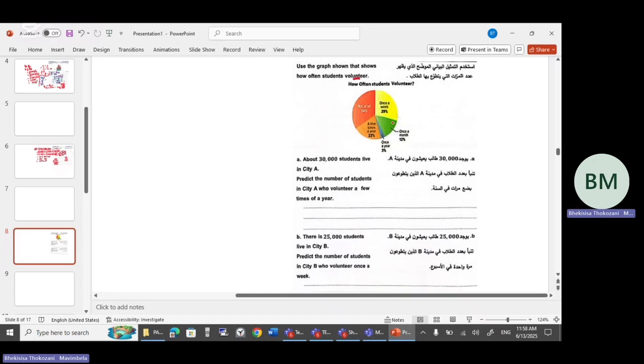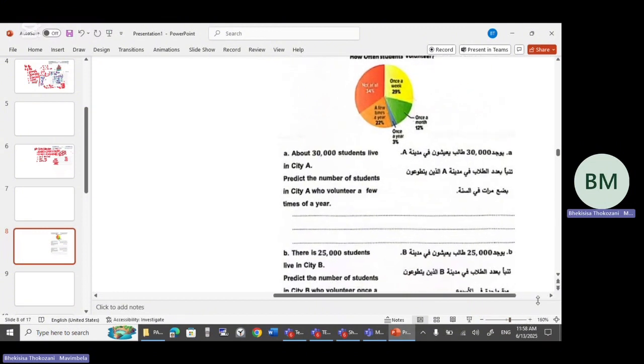So now there's the graph here, guys. I don't know whether you can see what is written there. Let me try to see if I can blow it up. So we have once a week here is 29%.